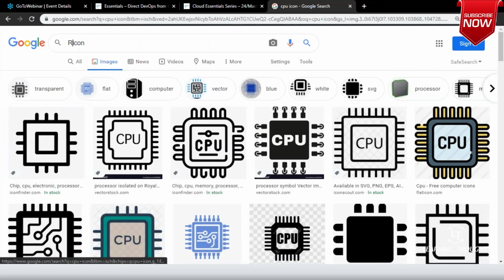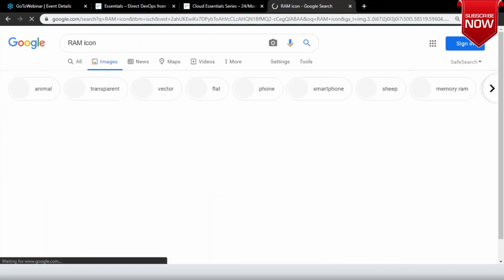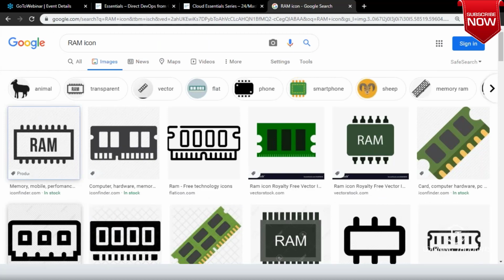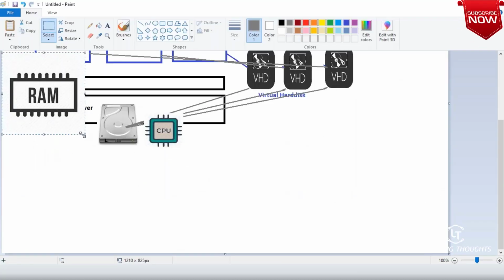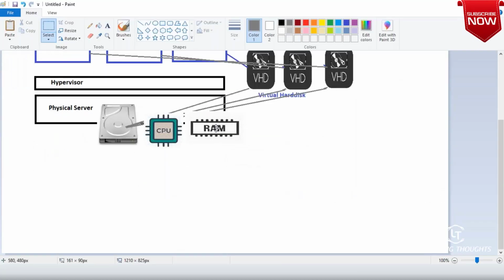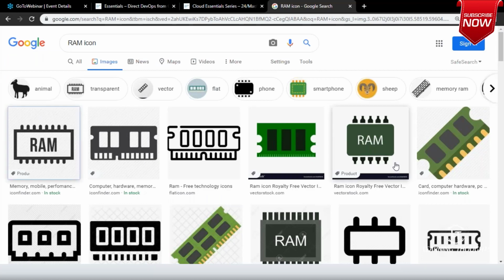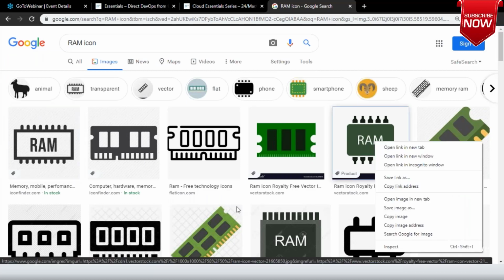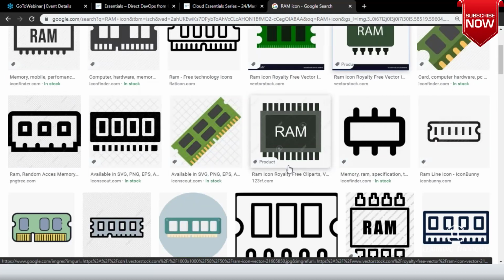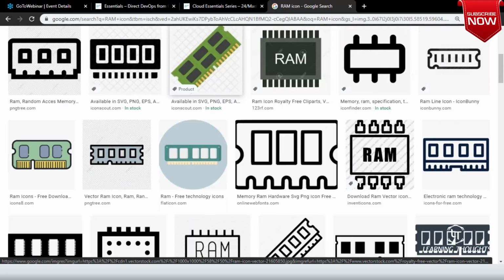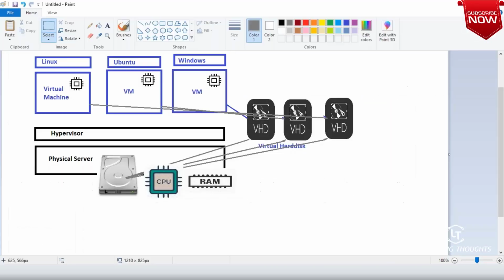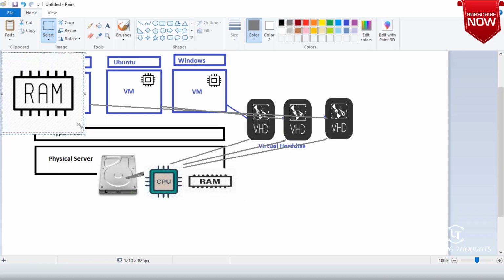So will your physical server have a RAM? Yes. Right. So your virtual machine also will have a RAM.